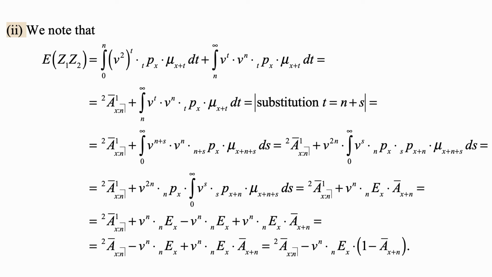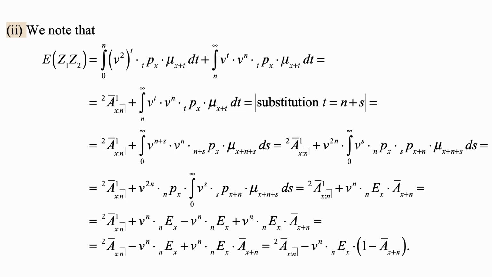And then we do a substitution. t equals n plus s, then dt is equal to ds, and the values of s now start at 0. So this becomes 2A bar x:n angle 1 plus the integral from 0 to plus infinity of v to the n plus s times v to the n times n+s px times mu x plus n plus s ds.